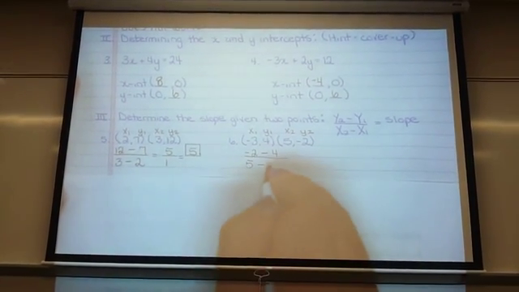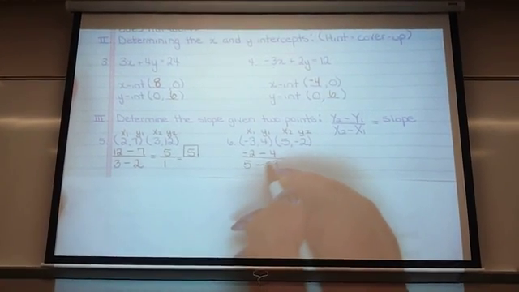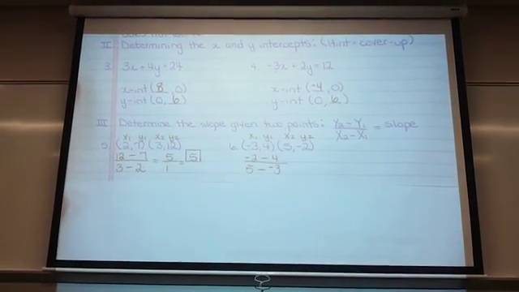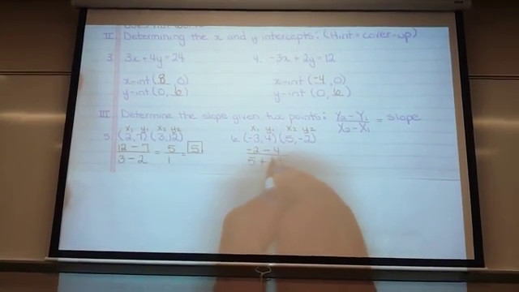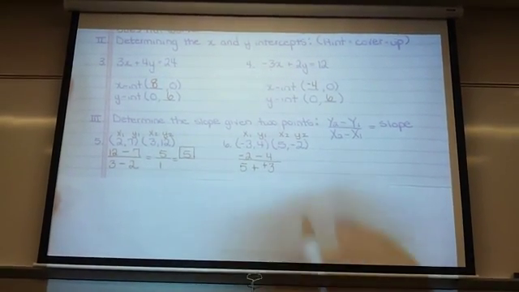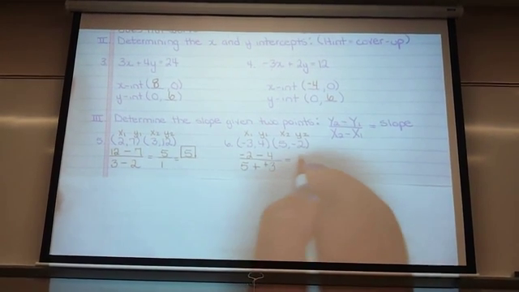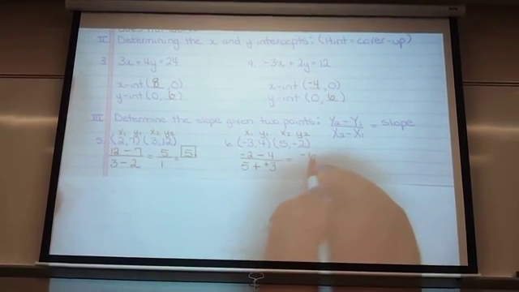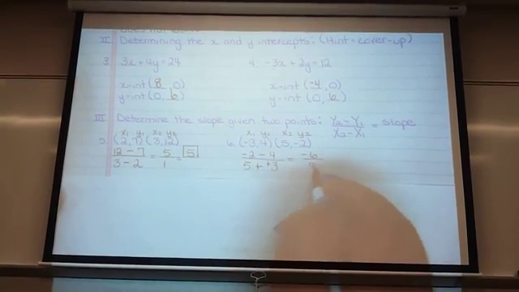Negative 3. Now, notice these minus signs, because they're both sitting next to each other, really make a positive. So you've got to be careful with that. If those two negatives are sitting next to each other, it's going to make a positive sign. So on top, I've got negative 2 minus 4, that's negative 6, all over 5 plus 3 is 8.